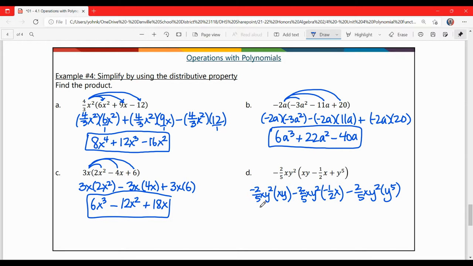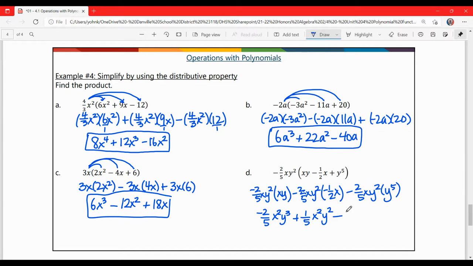So we get negative 2/5 x to the, well, we have x to the 1st and x to the 1st, so that's x squared. And then I have y to the 2nd, y to the 1st, that's y cubed. Then I multiply, and a negative times a negative, that's a positive. 2/5 and a half. When I multiply, I get 1/5. x to the 1 plus 1 is 2, y squared.